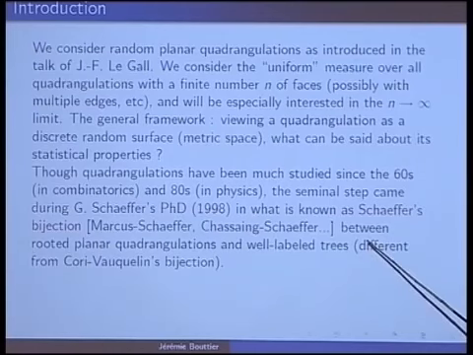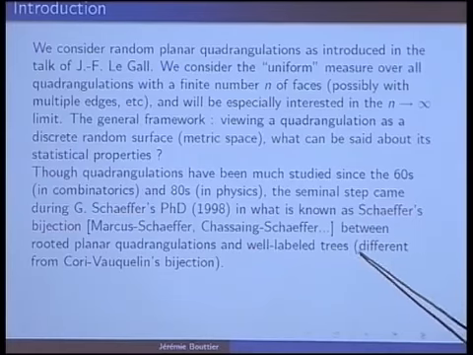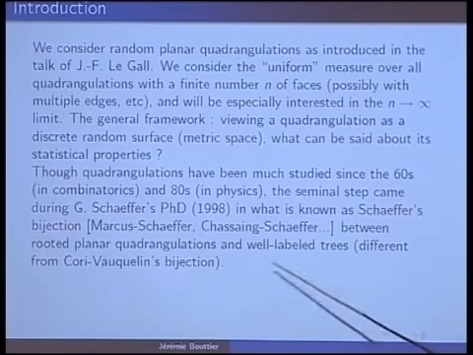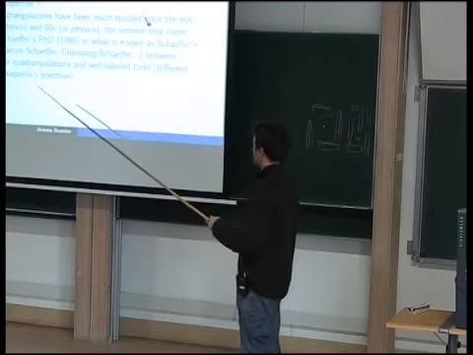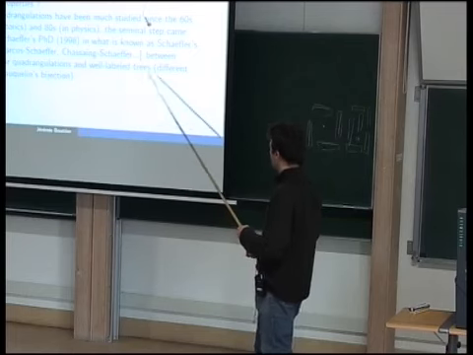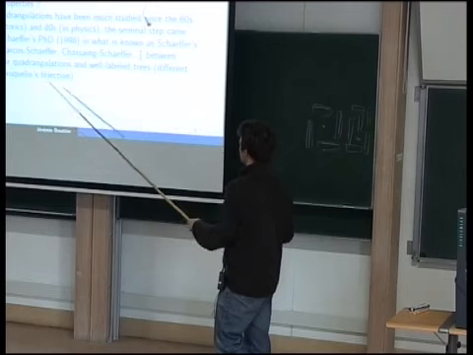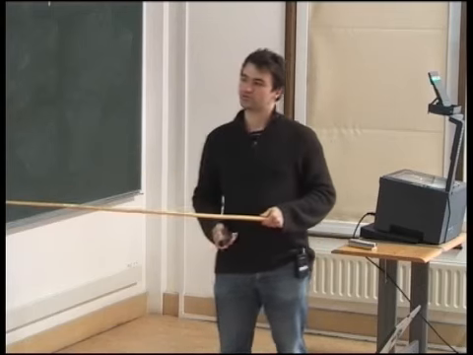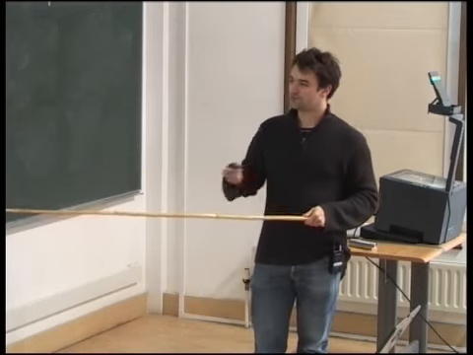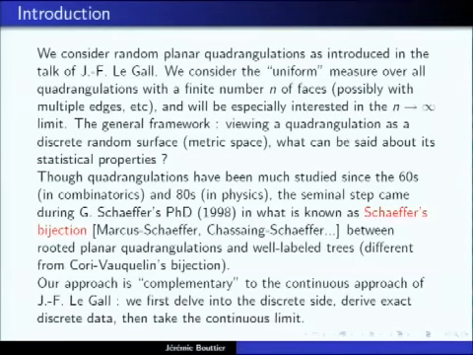It's slightly different from the first bijection, because you have two classes of objects that are in correspondence. Bijection just means basically that they have the same number of elements. But the original bijection found in the 80s by Cori and Vauquelin did not carry that much information on the geometry of quadrangulations. So what I'm going to follow is a complementary approach to the approach of Jean-François Le Gall, trying more to characterize the continuous limit of quadrangulations.